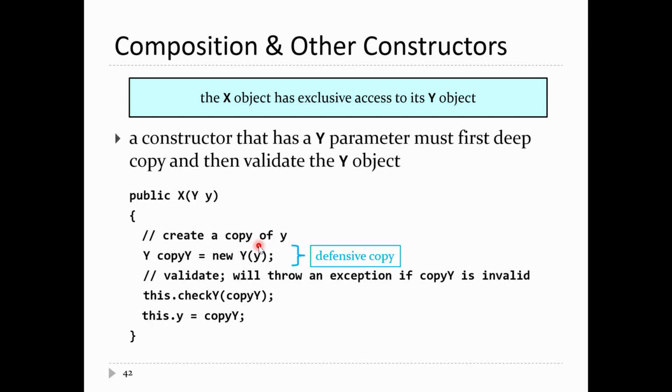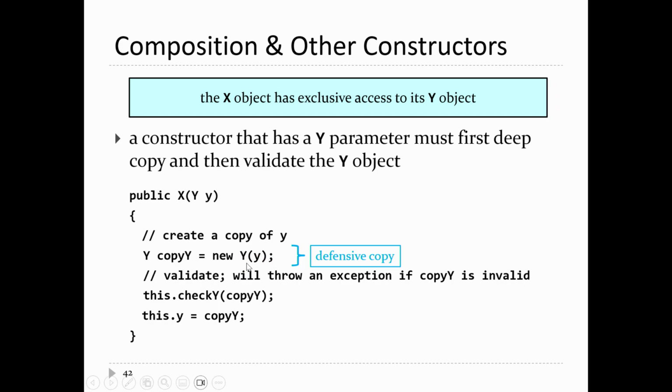Here I'm assuming there's a copy constructor for y. That's not always the case. If there's not a copy constructor, you have to copy the incoming y some other way. If there's no way to copy y, or no easy way to copy y, then you probably can't use y in a composition. You have to make the defensive copy here.